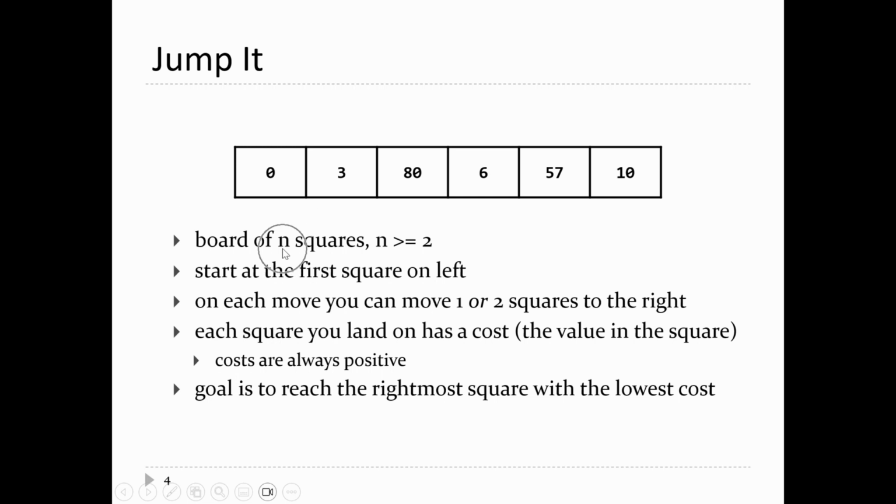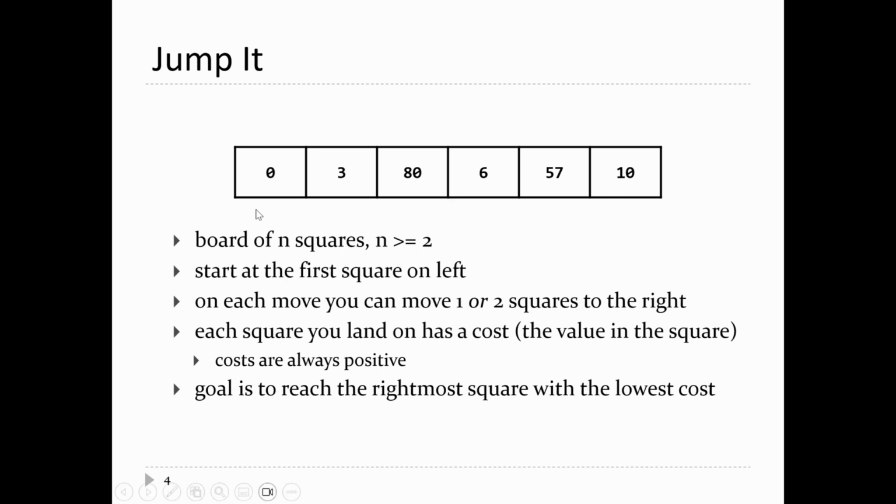So I'm trying to solve the following problem. You've got this not very exciting game called Jump It. The game is just a linear board. You have a number in each square, always positive or 0.